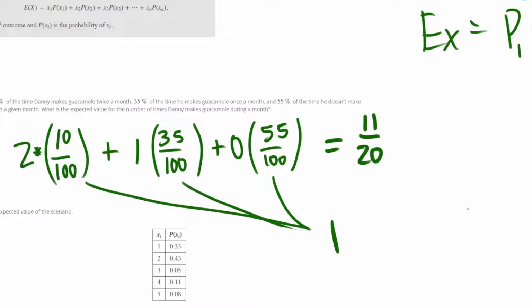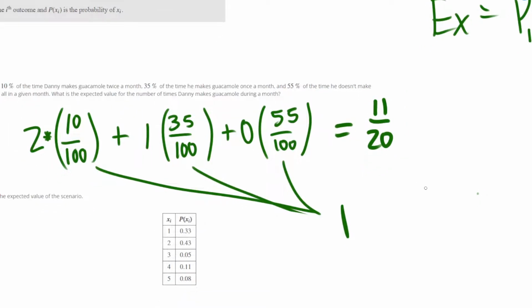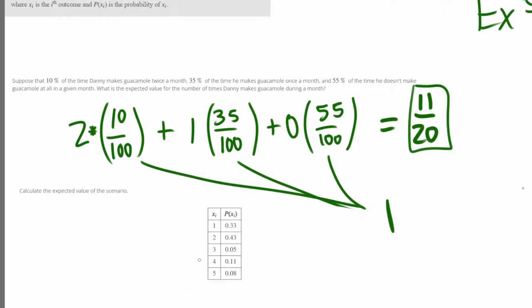Now, what does this mean? Does that mean that he makes guacamole 11 out of 20 times? Not necessarily. The biggest problem when understanding expected value is what this number turns out to be. This is how much guacamole per any given month he makes, which is not intuitive because that's not even an option.